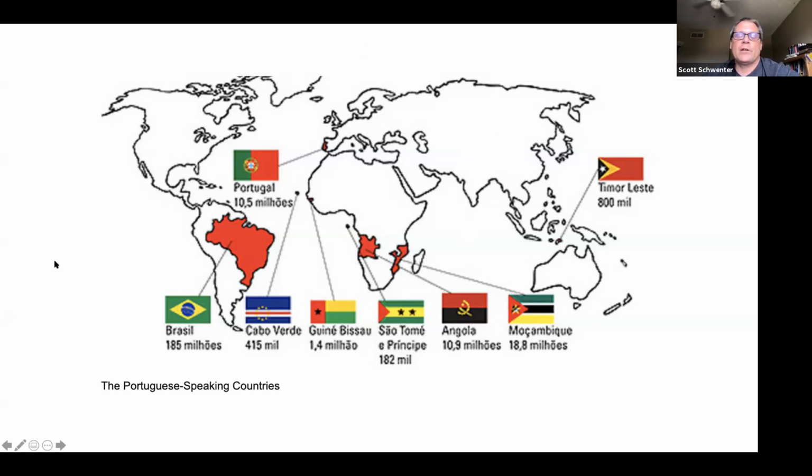So these are the different countries. Obviously, Brazil dominates in terms of speakers. I believe that Portuguese is the 6th most spoken language in the world. And again, with over 200 million speakers in Brazil alone.